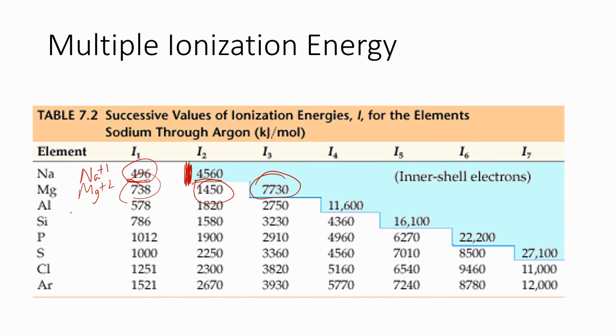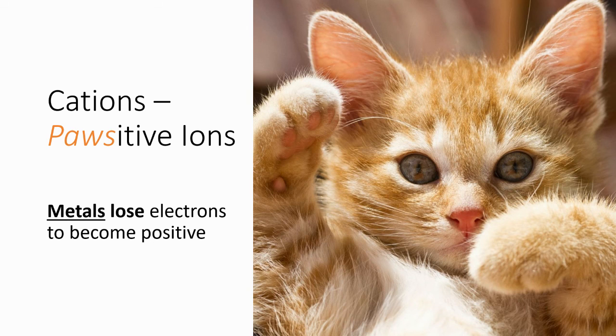And then aluminum is stable as a +3 ion, because losing that first one, that second one, that third one, the jump is not as significant as between the third and the fourth, where you're going almost 6 times as much. So aluminum stops after losing 3 electrons, magnesium stops after losing 2 electrons, and sodium stops after losing 1 electron. And that is first and second ionization energy.